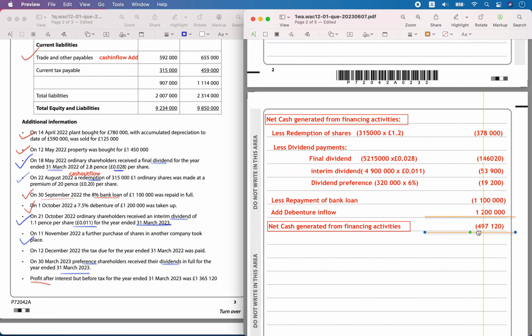Now we have to calculate the net cash and cash equivalents.